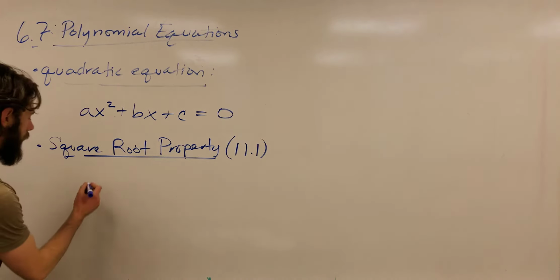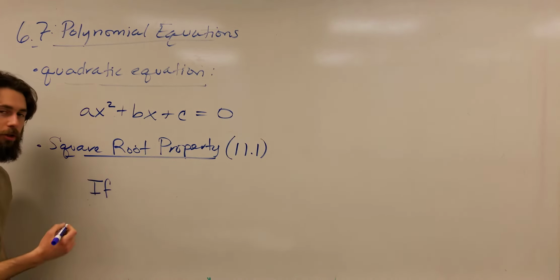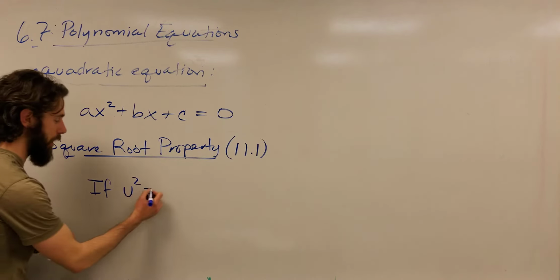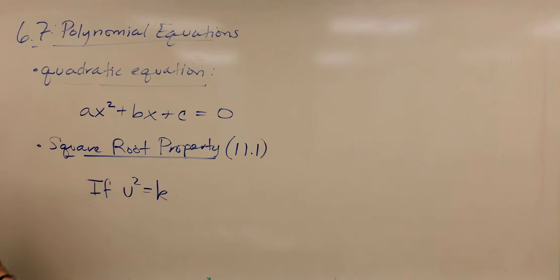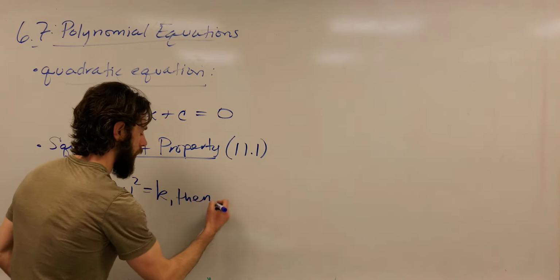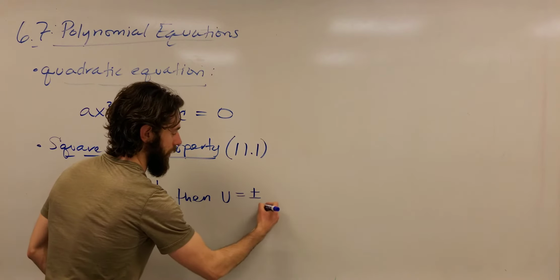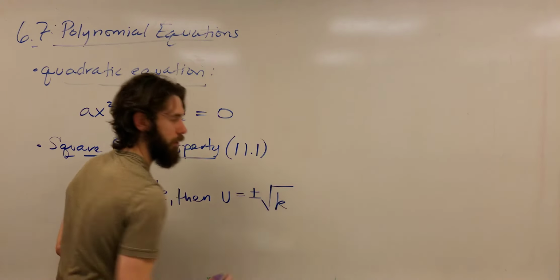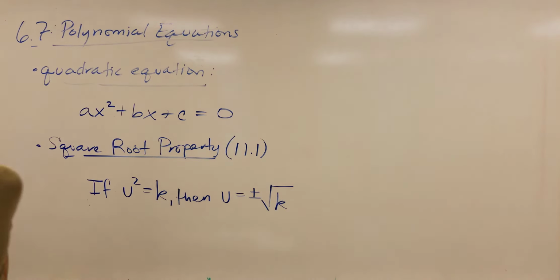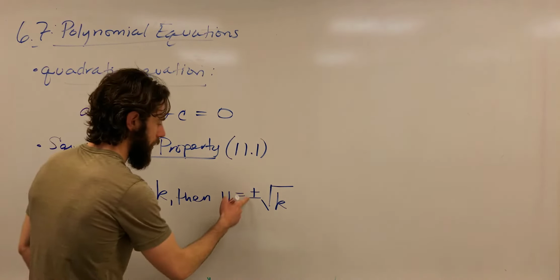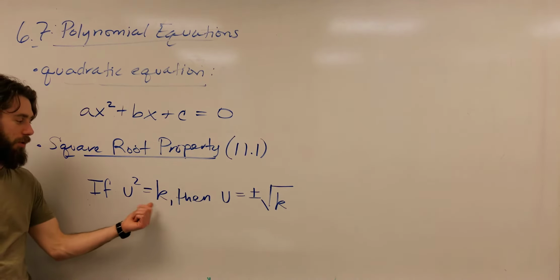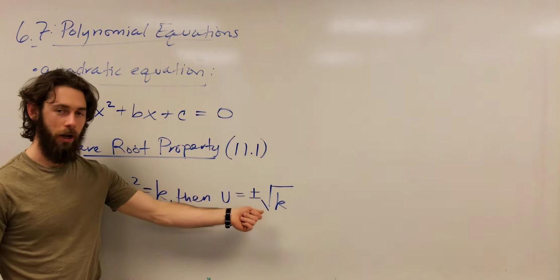This says that if we have some expression or an equation that's of the form u squared equals k, so if u squared equals k, then u equals plus or minus the square root of k. Okay. So that little plus and minus symbol just means whenever we have u squared equals k, we actually get two answers.